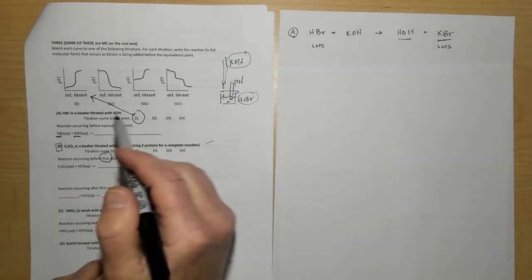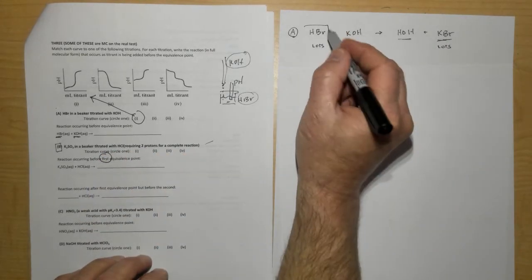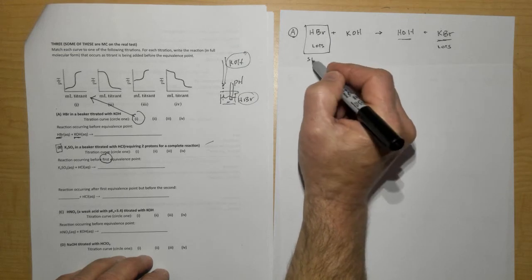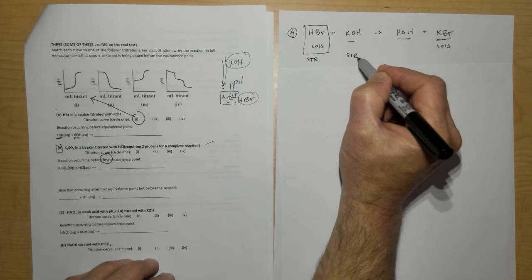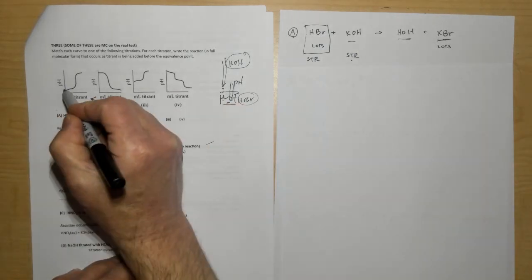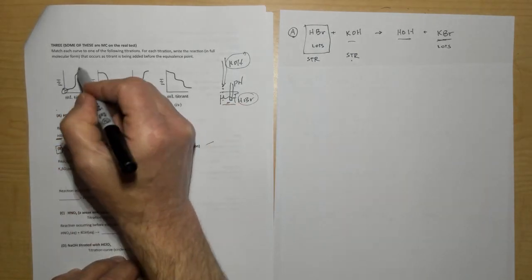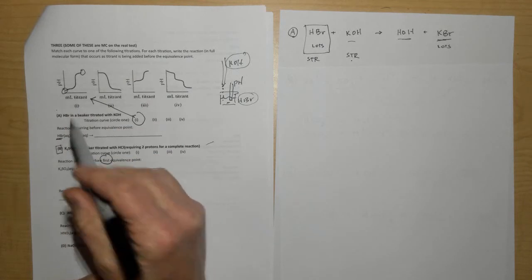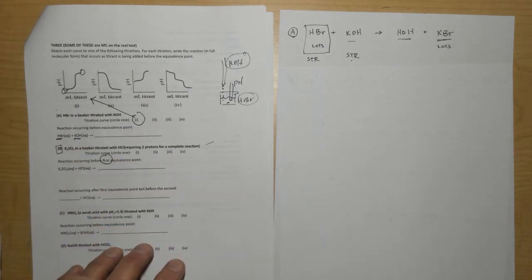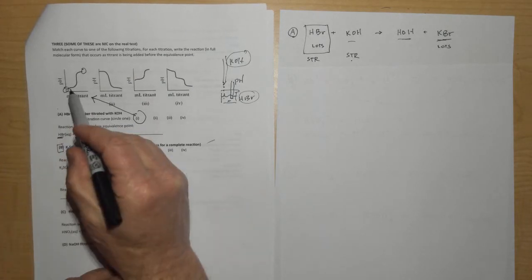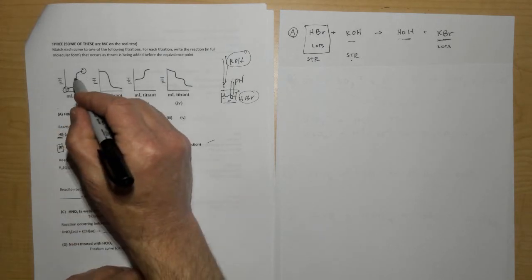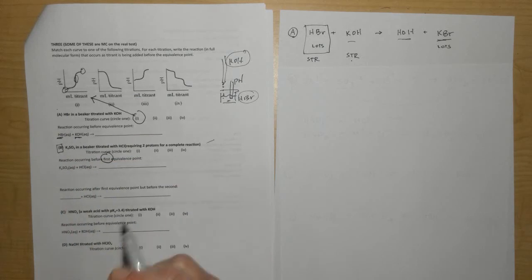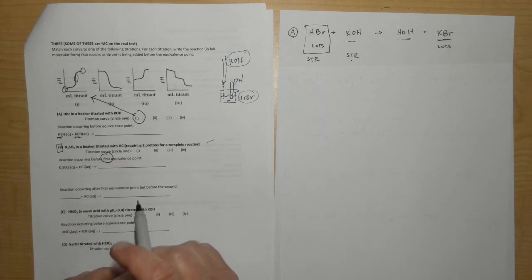And to match this one, you'd look for something that has a really low pH to start with, because this is a strong acid and we're adding to it a strong base. Strong acids should start at a really low pH right down here, and they should end at a really high pH right up here. So that's why you pick the first one to match that, because strongs would start low and end really high and have only one equivalence point right here in the middle where the moles of acid are equal to the moles of the base.